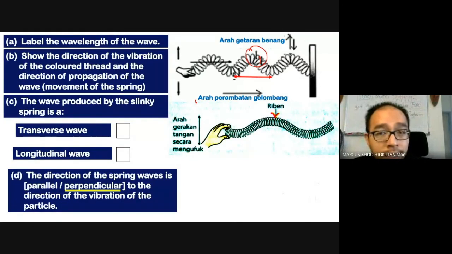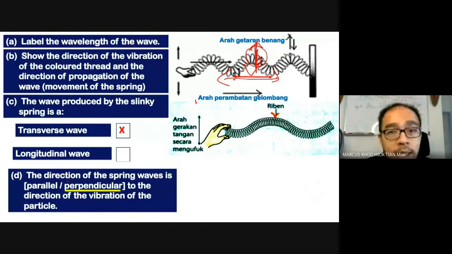Since it is perpendicular, we call this the transverse wave. So in a longitudinal wave, the vibration of the particle and the movement of the wave are in the same direction, parallel to one another. But in a transverse wave, the direction of the wave is this way, and the direction of the vibration of the particle is perpendicular to it.